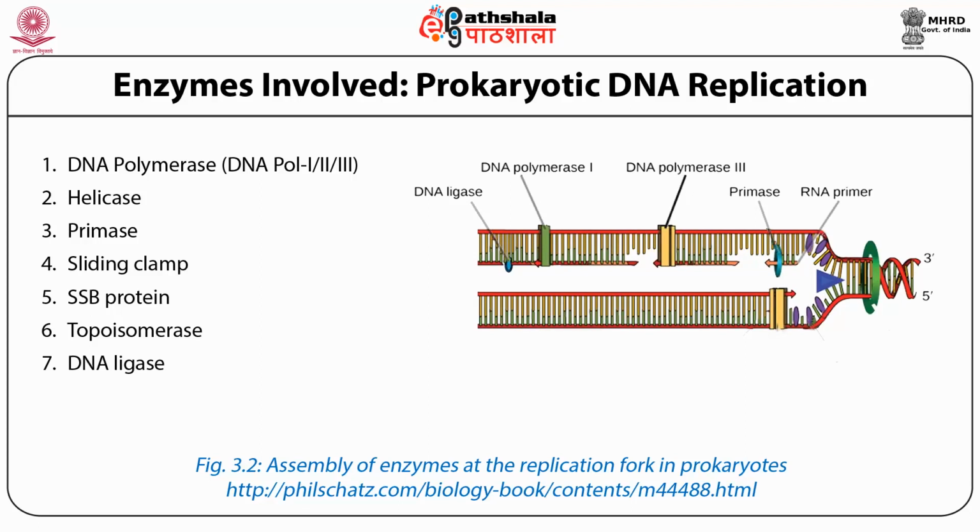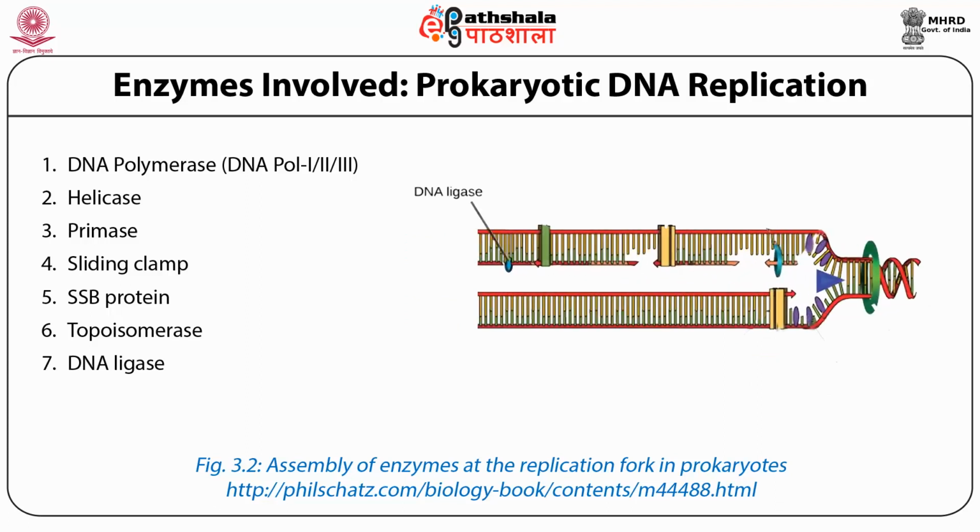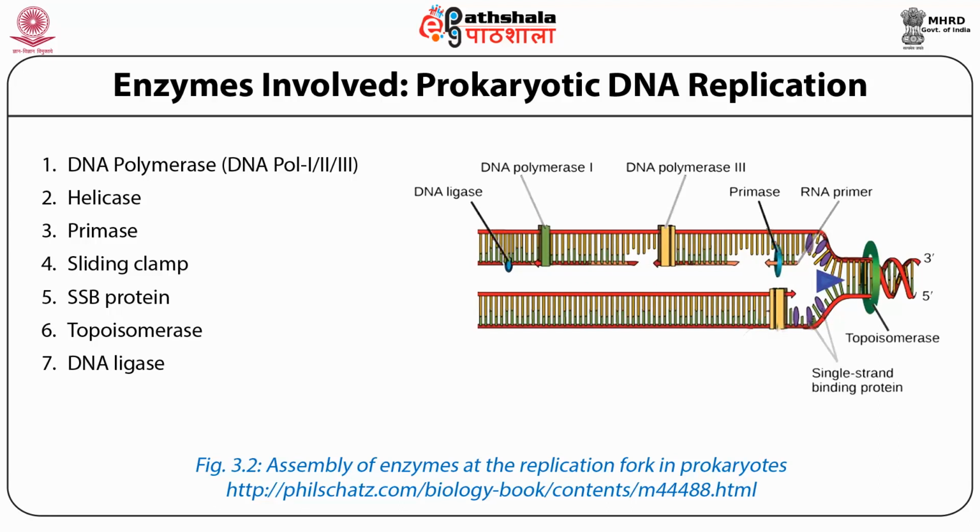However, the primase, which is DNA-dependent RNA polymerase, has the capacity of de novo synthesis. So at the beginning of replication, primase synthesizes a short chain of oligonucleotides made up of ribonucleotides or RNTPs. This is known as the RNA primer, based on which the DNA polymerase extends the newly replicating DNA strand.